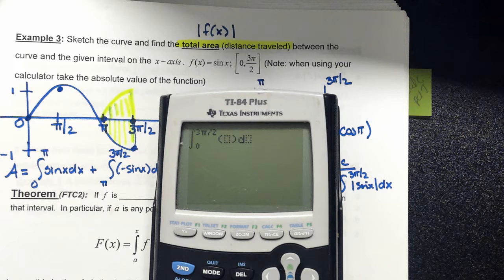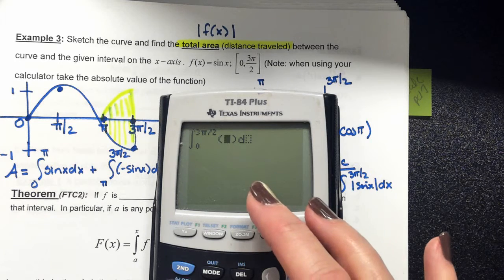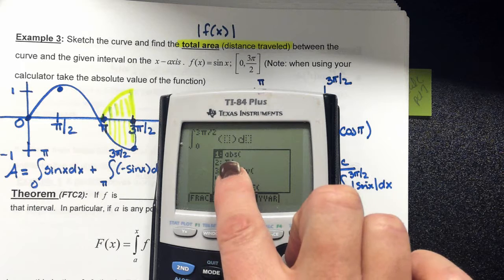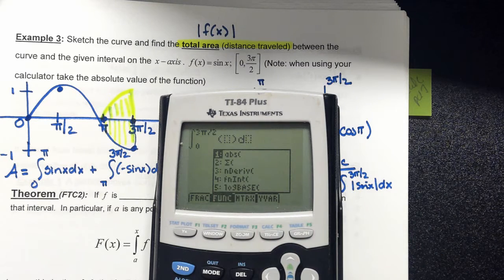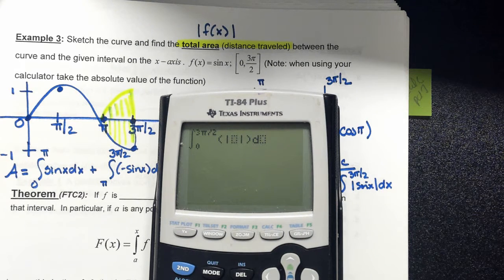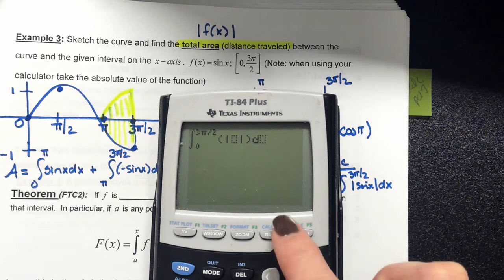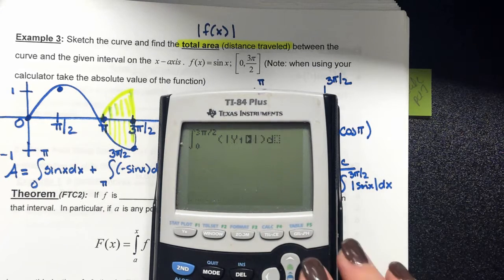Now you want to take the absolute value of the function you have loaded under y1. The absolute value you can find by going to your alpha window, and remember, alpha window option 1 is where you have the absolute value. Again, I want to take the absolute value of the function I've loaded under y1. Remember, y1 is located under alpha trace y1. And then type in your dx.